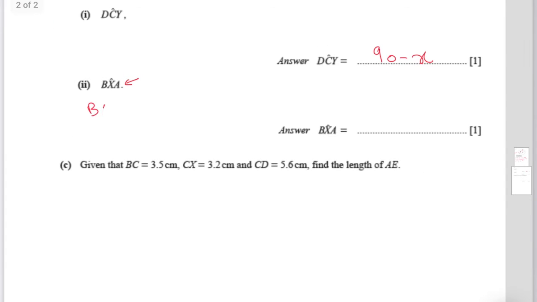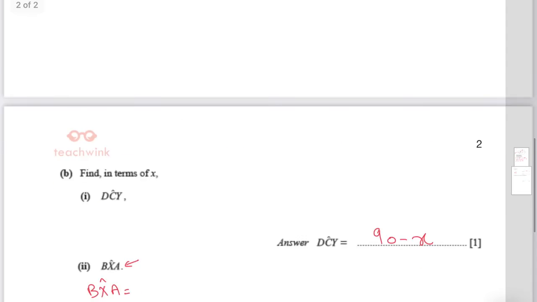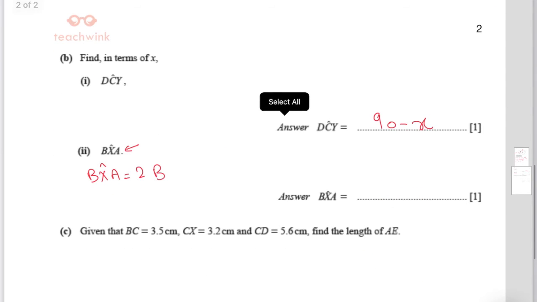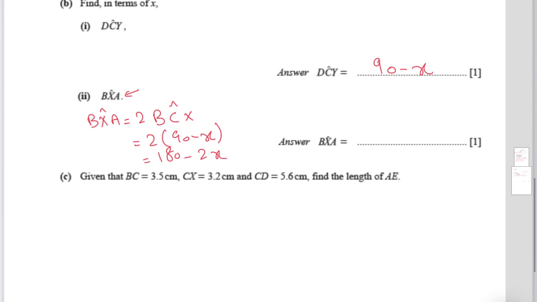So BXA is equal to twice BCX. And what is BCX? BCX was 90 minus x. So the angle comes out to be 180 minus 2x. Okay, so we write that down over here, 180 minus 2x.